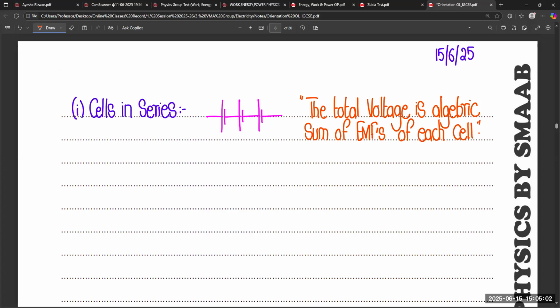So for example, if one cell gives you 1.5 volt, and this is also 1.5 volt, and this is 1.5, if we combine all these cells in series combination, just like shown in the diagram, the total voltage will be equal to 1.5 plus 1.5 plus 1.5.